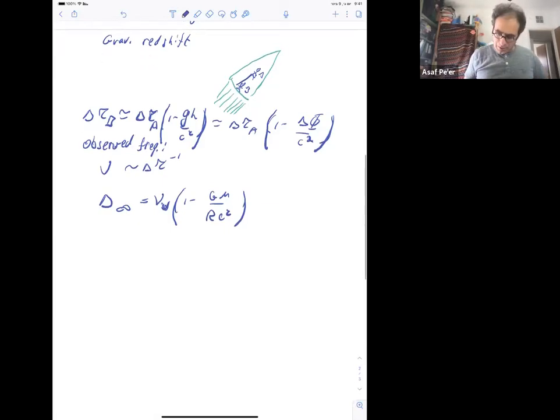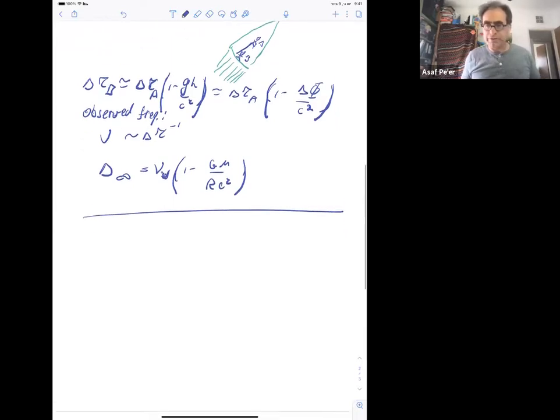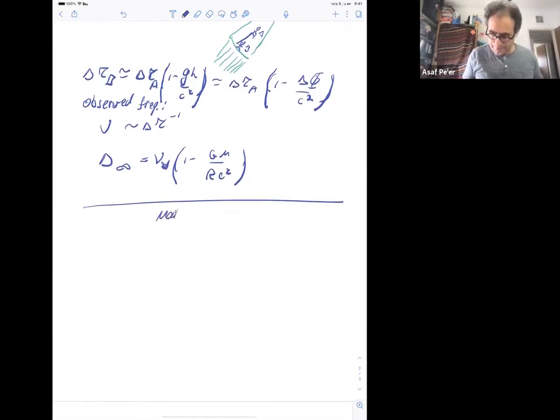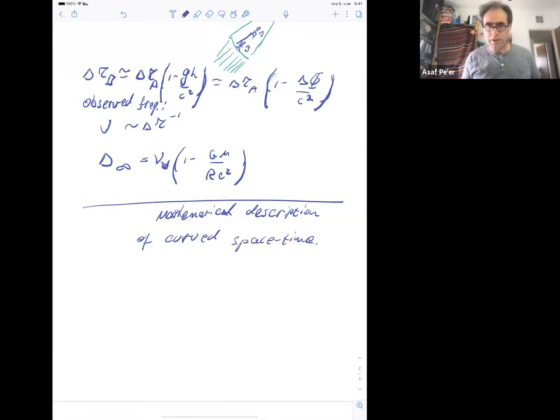Right. And then we went on to start to get some mathematical description of the curved spacetime. Now we get to some, let's say, a little bit annoying algebra, but it really is just algebra.